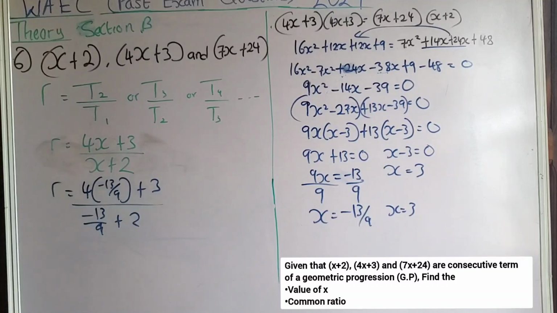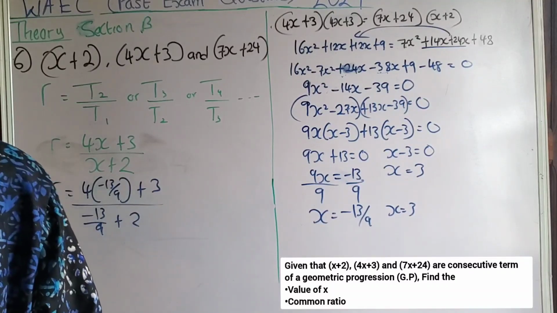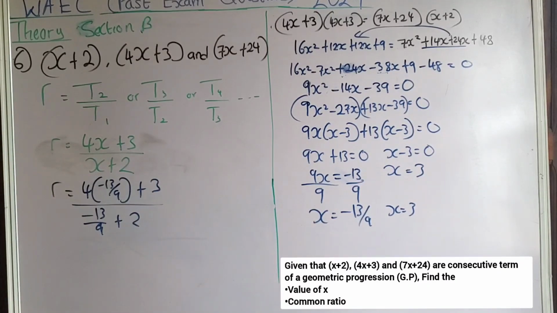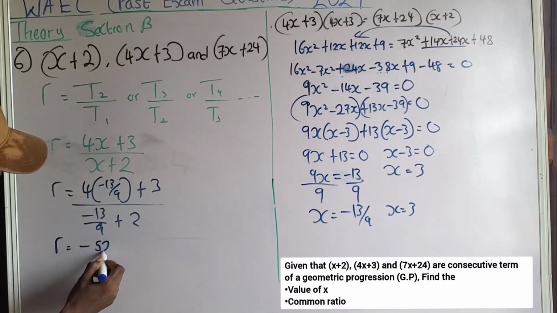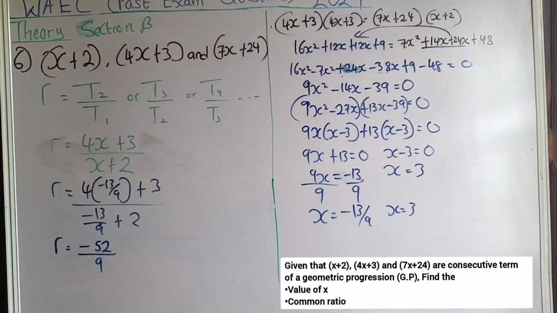We obtained two values of x, so we are going to have two common ratios. Are you getting what I'm trying to say? So when x is negative 13 over 9, we want to find the common ratio at that value of x. Now, 4 multiplied by 13, we are going to have r equals negative 52 over 9.